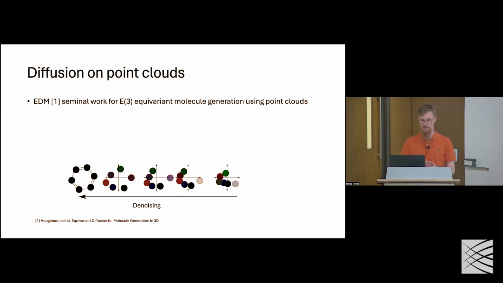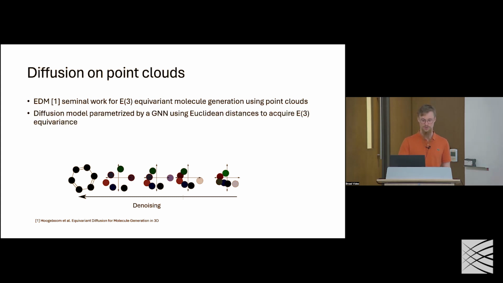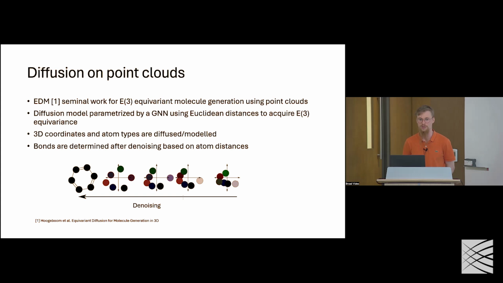Okay, so diffusion on point clouds. There is EDM, which is a seminal work for E3 equivariant molecular generation. These use point clouds, so points in 3D space, and this is parameterized by a graph neural network that takes distances as input. These 3D coordinates are then diffused and modeled, and based on the clean positions of the atoms, you can determine the bonds.